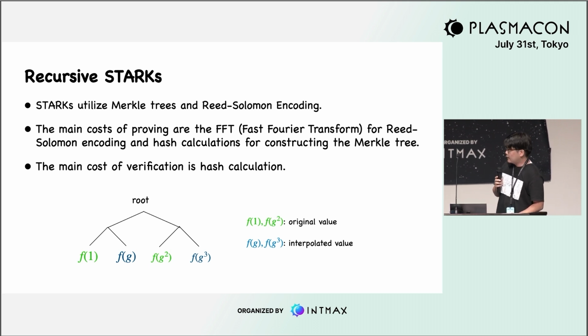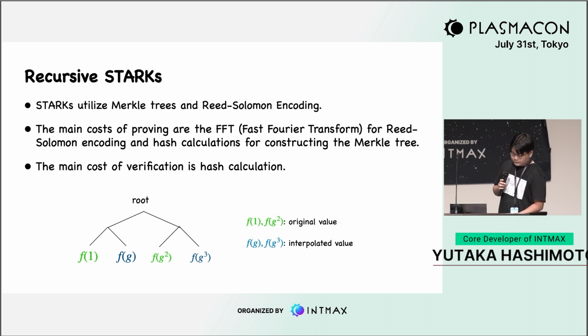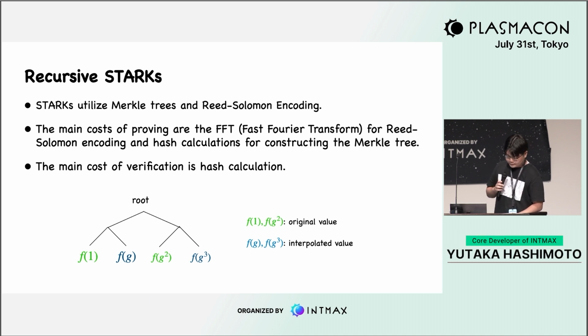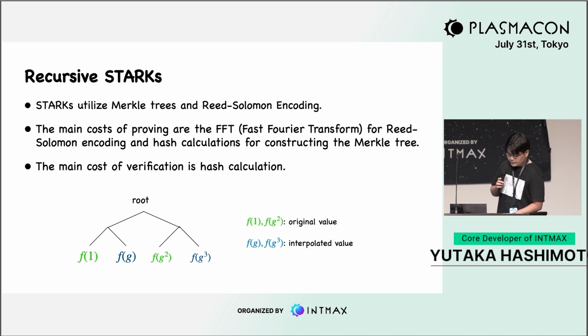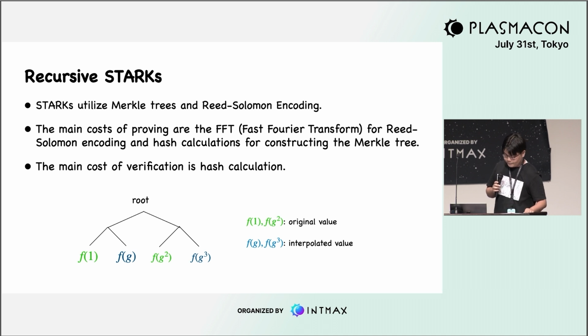STARKs are based on Merkle trees and Reed-Solomon encoding. The bottleneck on the prover side is the FFT for Reed-Solomon encoding and the hash calculations for constructing the Merkle tree.